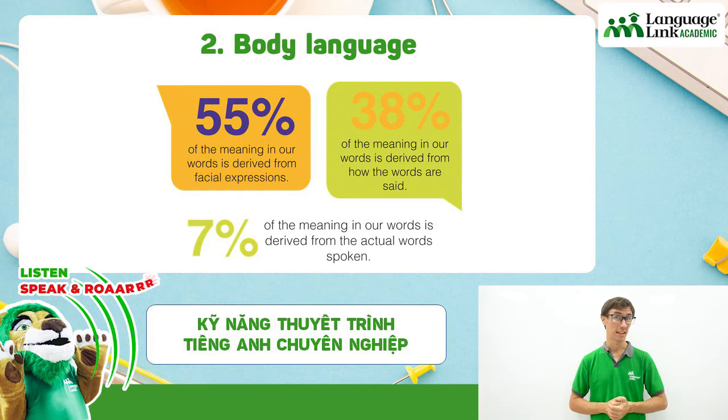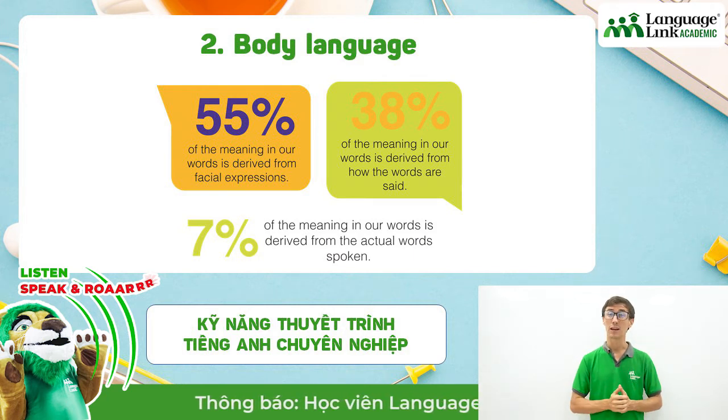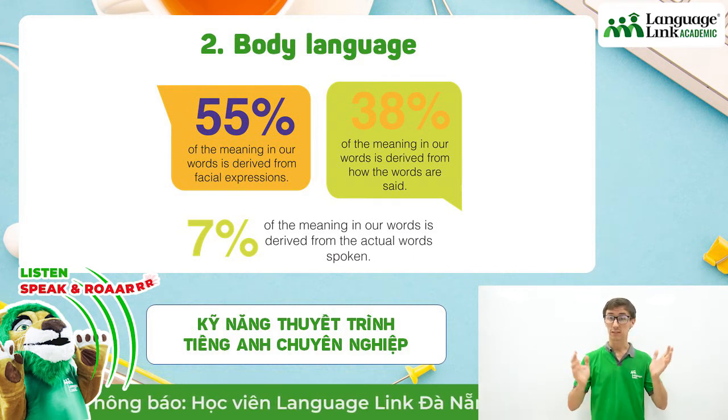And 38% comes from the way that we actually say them. Only 7% of the meaning is from the actual words that we use. Crazy, right? So this means body language is very important. Let's learn more about how body language can affect all of this.